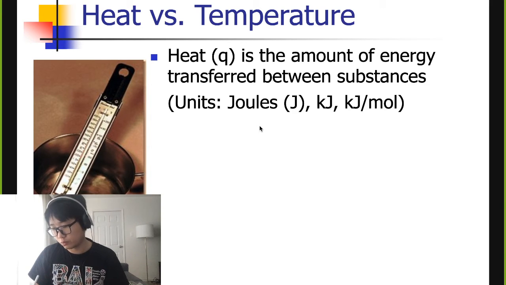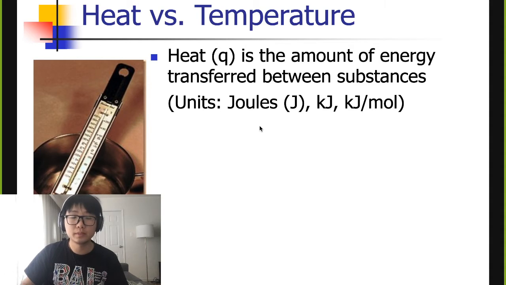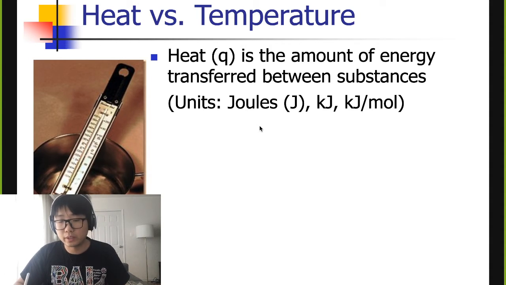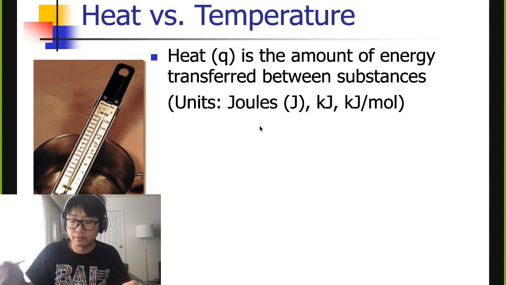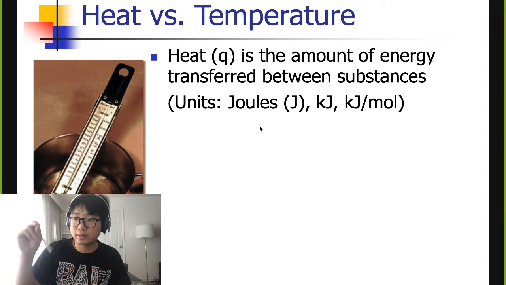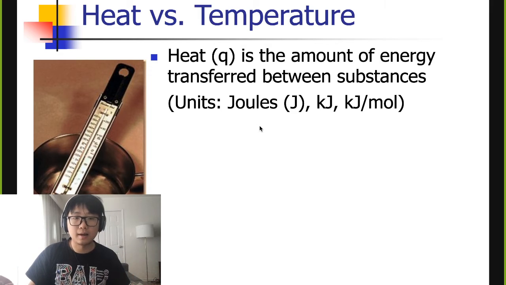Of course, for a solid, we just think of it vibrating mostly. If it's a liquid, it definitely has more degrees of freedom to move, right? It can vibrate, it can rotate, it can translate, and of course, gas molecules have even more degrees of freedom there.